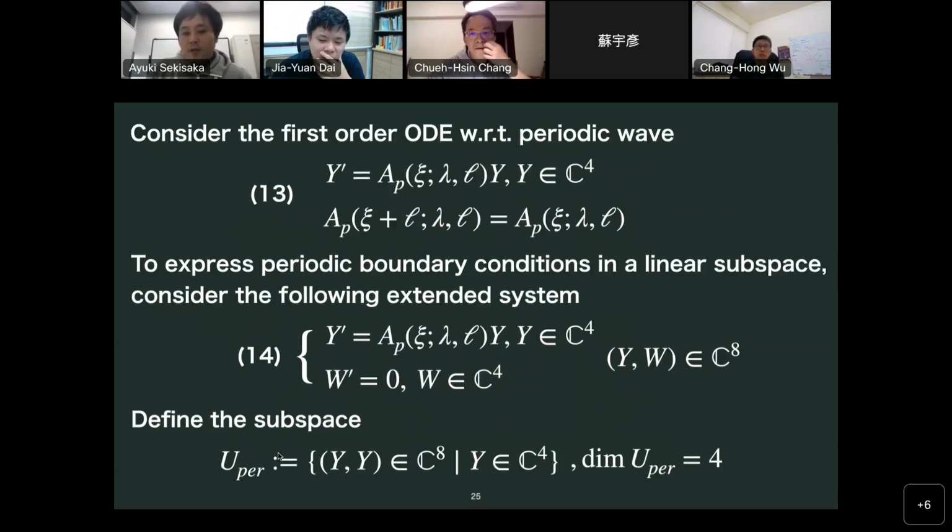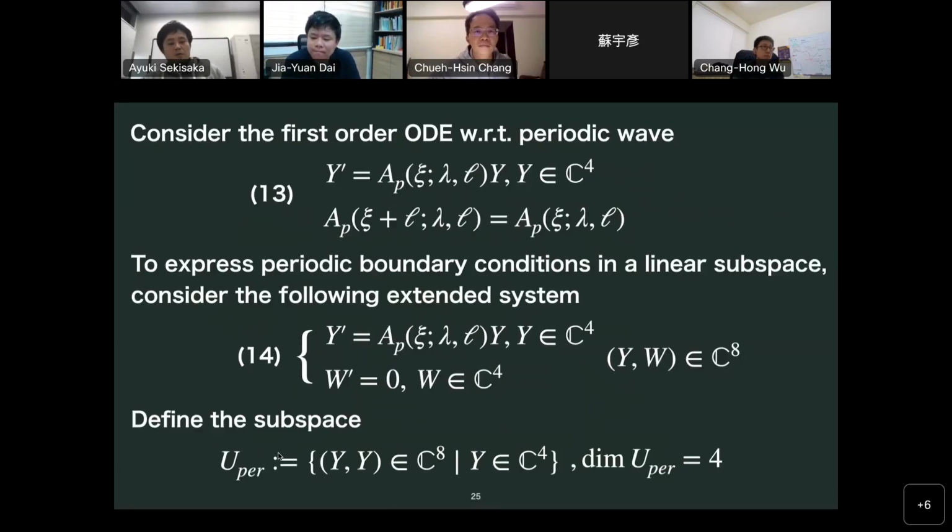Equation 13 has no boundary condition. We consider this equation on the interval 0 to L. Because I am thinking, why do you introduce the 4-dimensional space W for the period, but not just one? Are you considering quasi-periodic solutions? I am a little bit confused, but I'm still thinking.